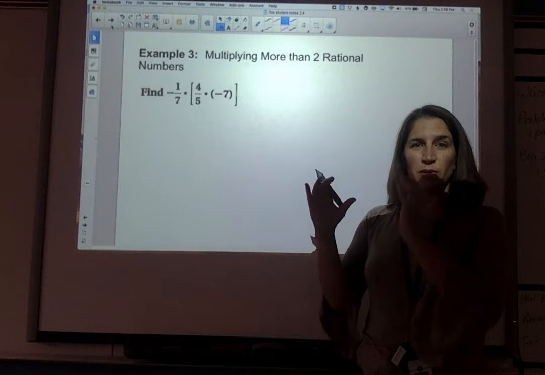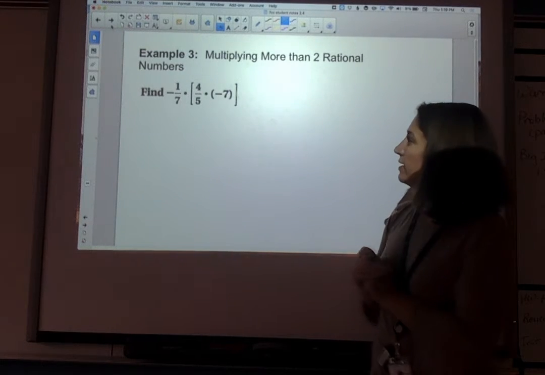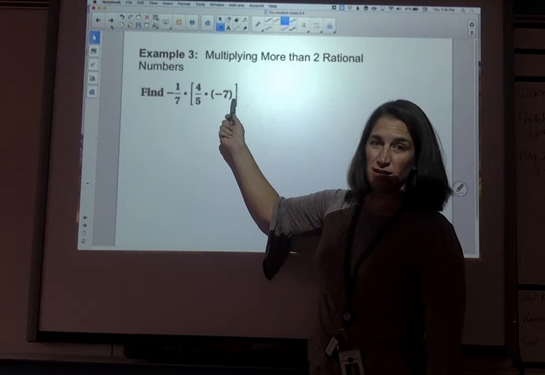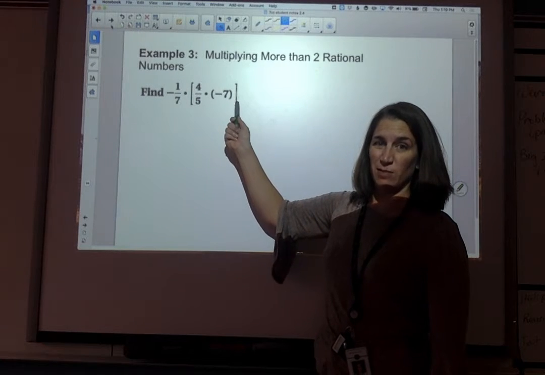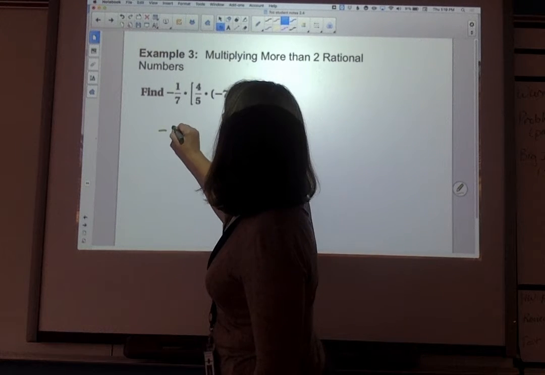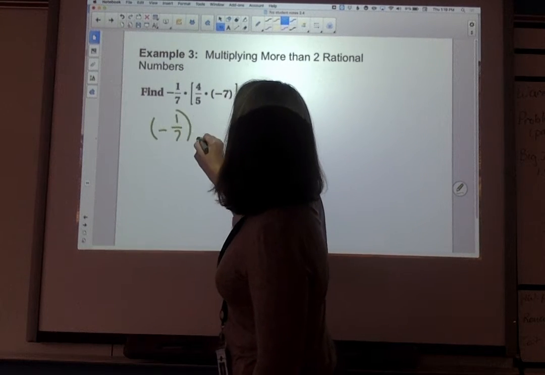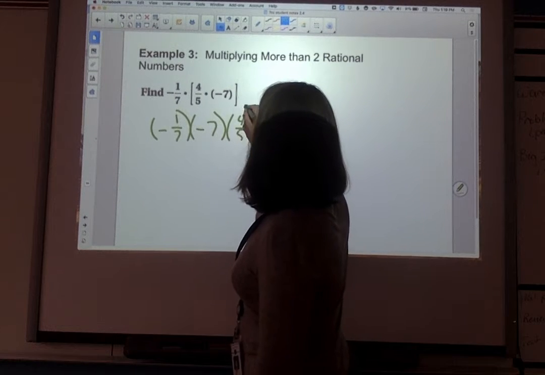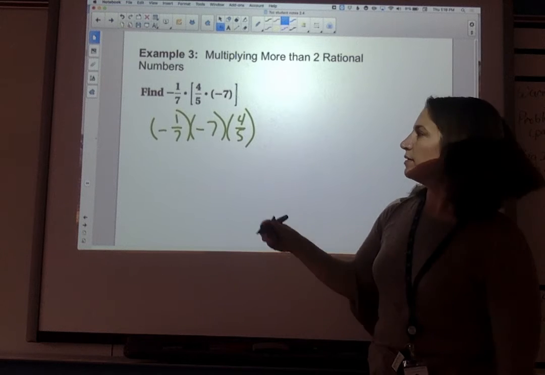We can use associative property to switch what's grouped with what. So let's go ahead and switch because I want to multiply the negative 1/7 times negative 7, right? That's going to be positive 1. So I'm going to go ahead and change this to negative 1/7 times negative 7 times 4/5. I like that a lot better.